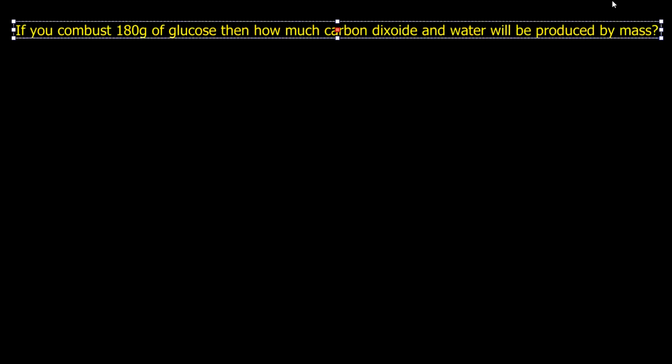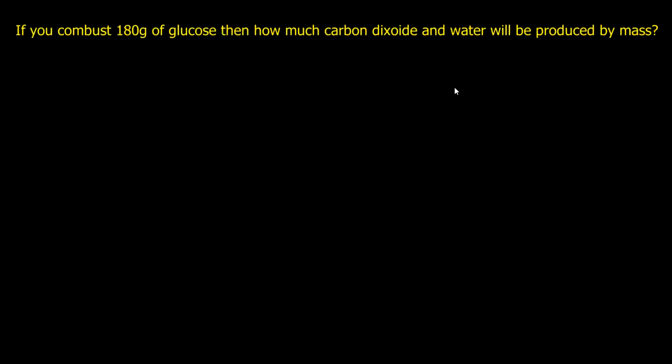Let's do one last one. So we're going to combust 180 grams of glucose and see how much carbon dioxide and water will be produced by mass. So glucose combustion is C6H12O6 plus oxygen. It's going to be 6 of those.